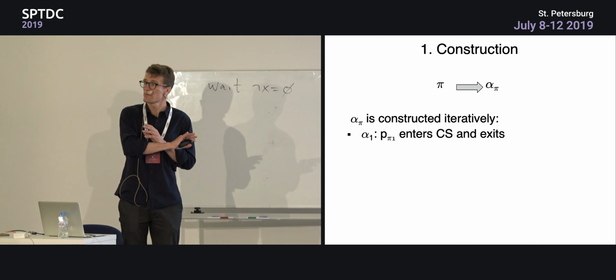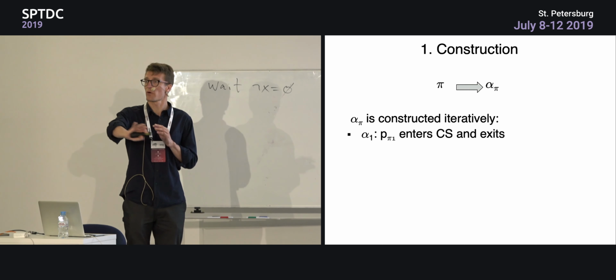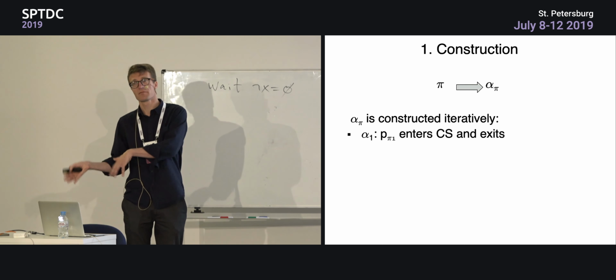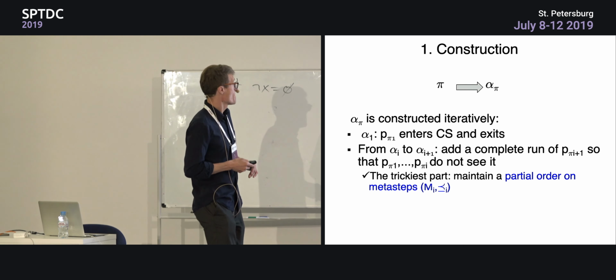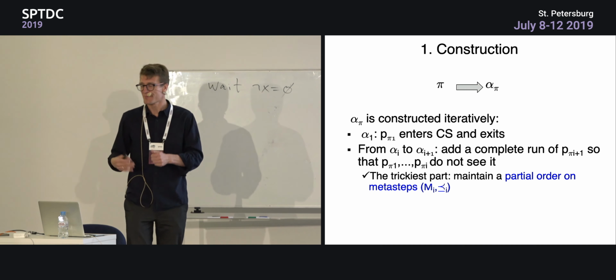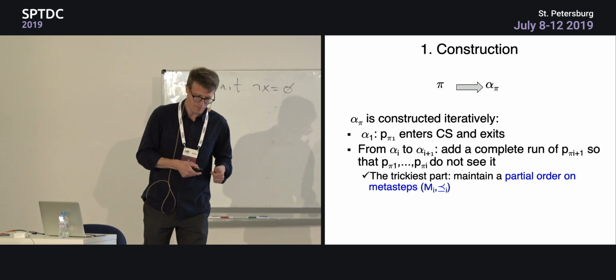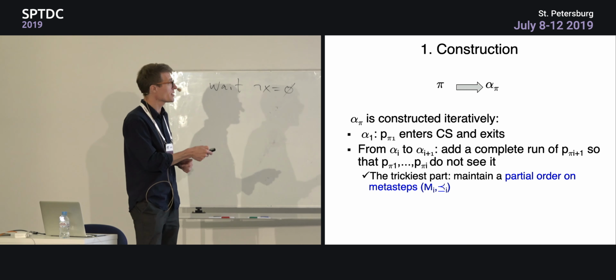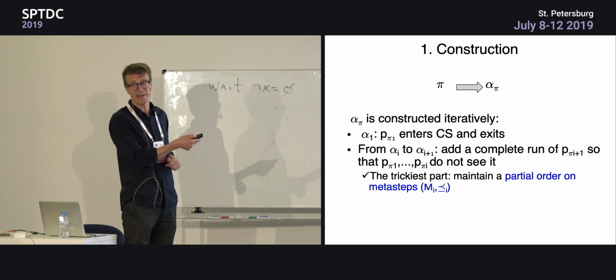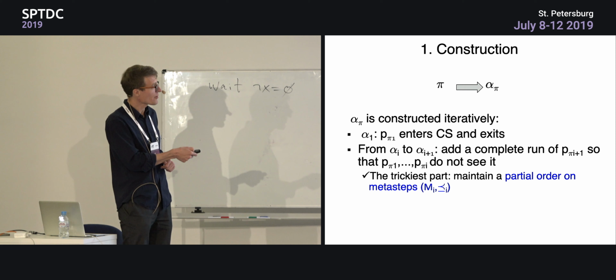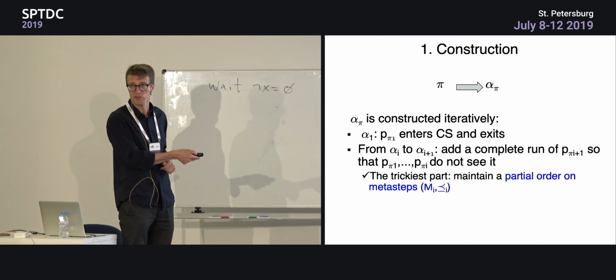Just let it run through the whole protocol, enter the critical section, leave the critical section. Okay? And then, by induction, I have alpha i and alpha i plus 1. In alpha i, only processes from p pi 1 to p pi i participate. And now I introduce process p pi i plus 1.